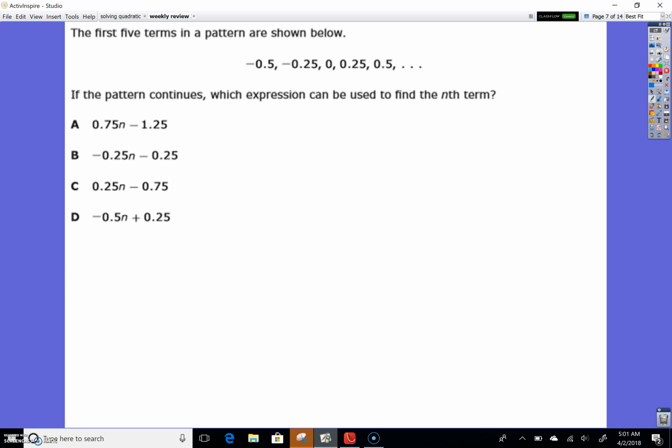Okay, the first 5 terms in a pattern are shown below. The pattern continues. So what I'm going to do is just write down the numbers in table form.